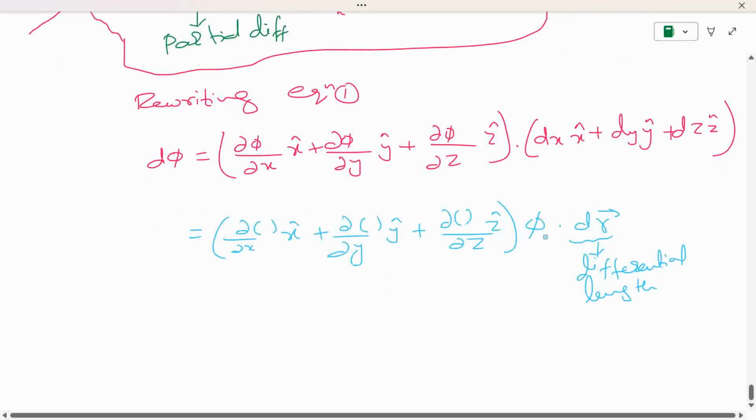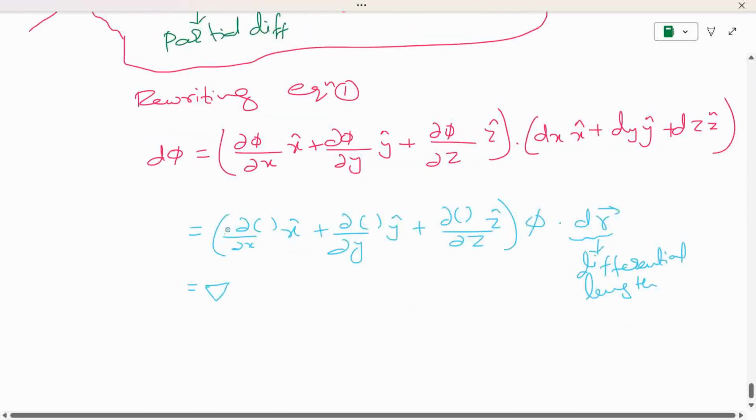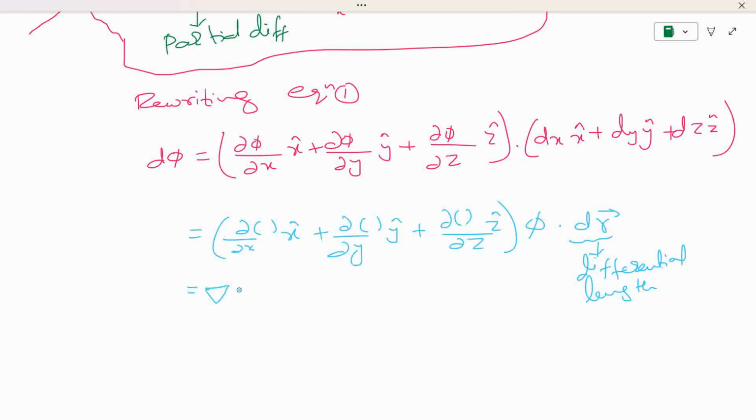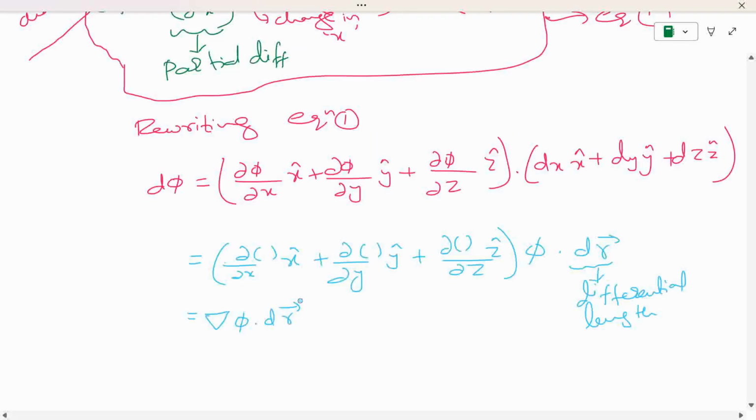So in vector calculus, we represent this with an operator which is symbolized like del. So here del means dou by dou x of x cap, dou by dou y of y cap, and dou by dou z of z cap. For ease of representation, we are replacing that with del times dr bar.